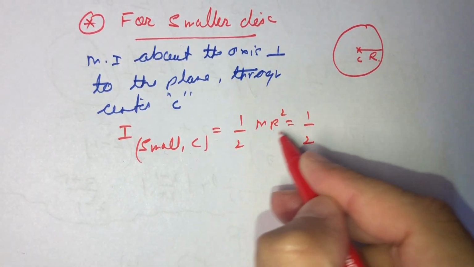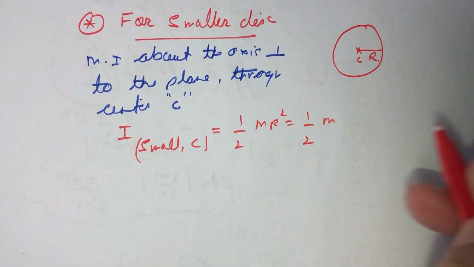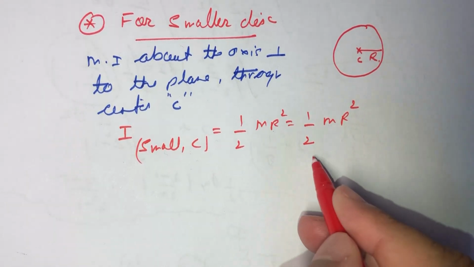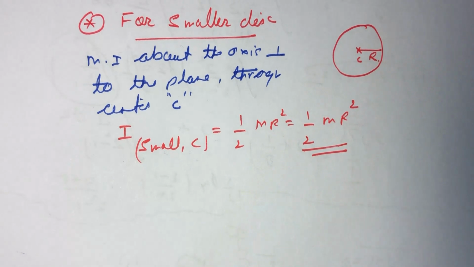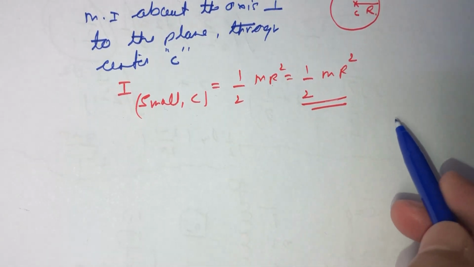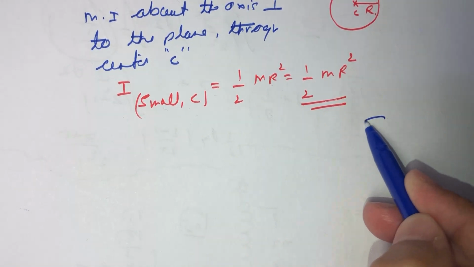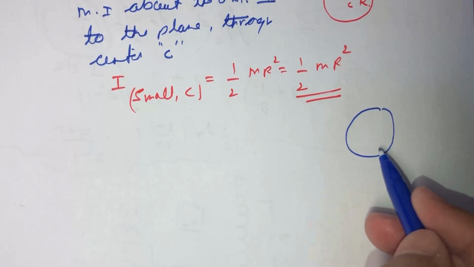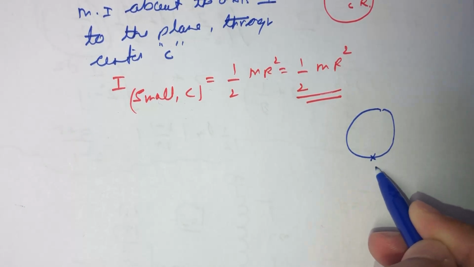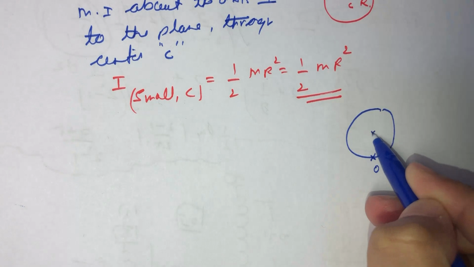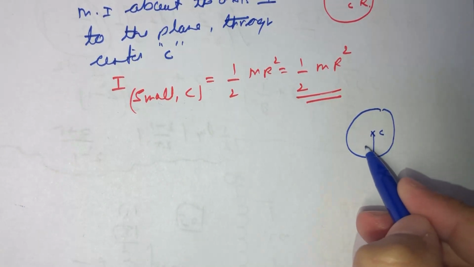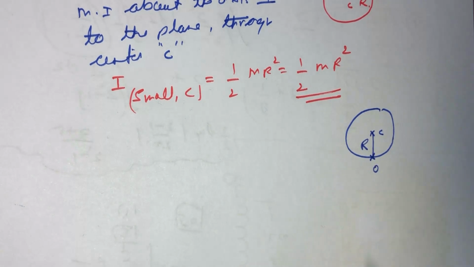Mass is represented with small m, and radius here is r, so this will be equal to half mr square. Now we are going to use the theorem of parallel axis and find the moment of inertia of the smaller disk with respect to point O. We already know it through center C, and the distance between the parallel axes is r.